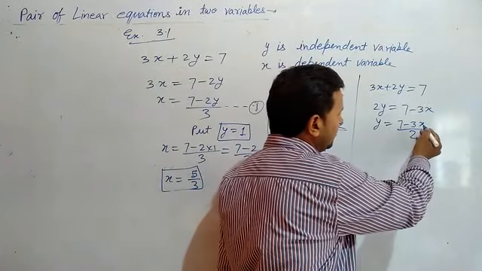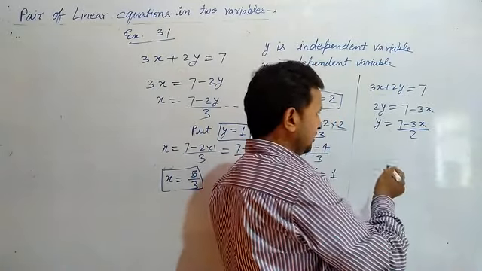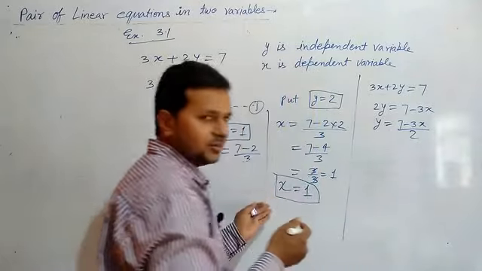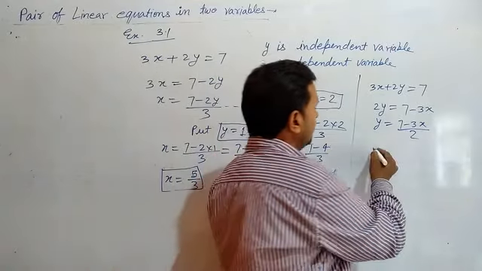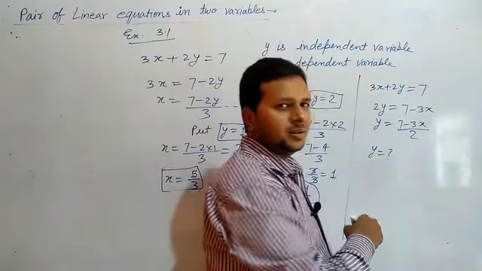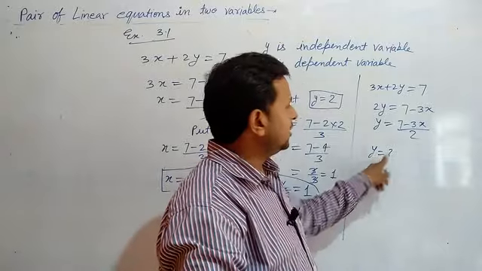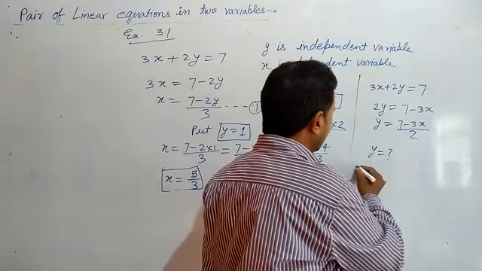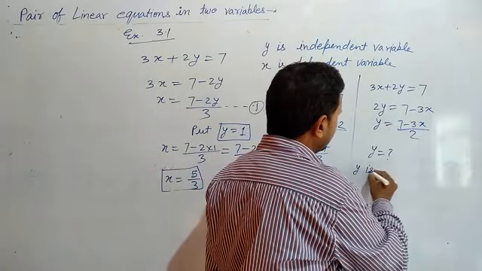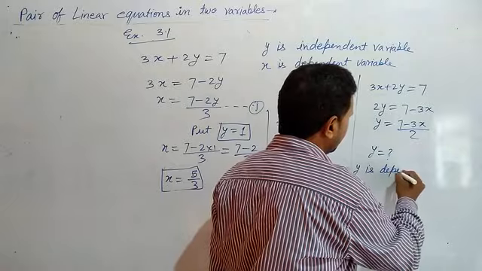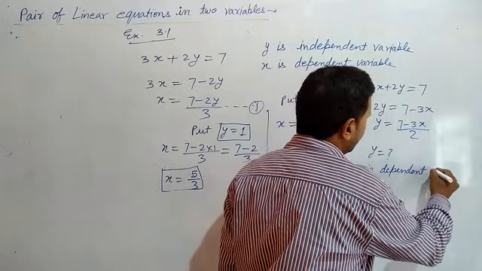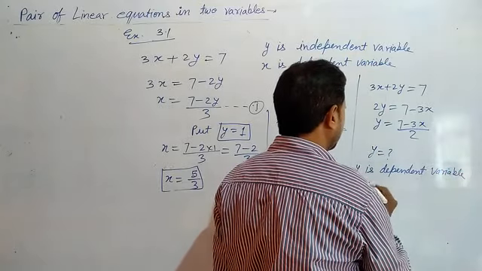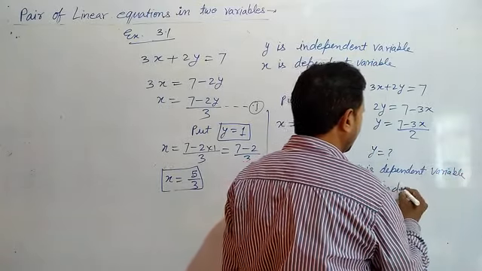If we assume any value of x, like 1, 2, 3, we get y. It means the value of y is dependent upon the value of x. So in this case, y is the dependent variable, and x is the independent variable.